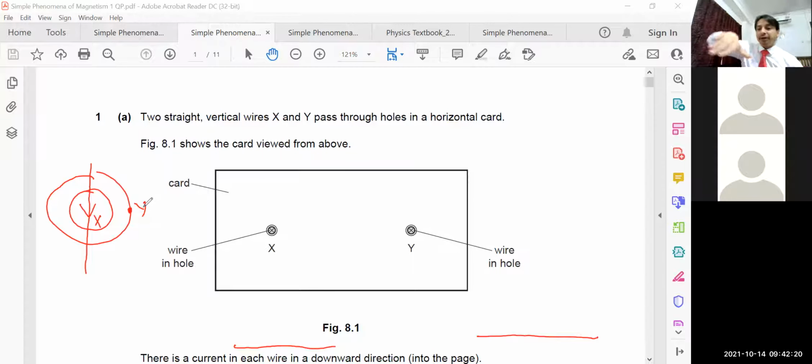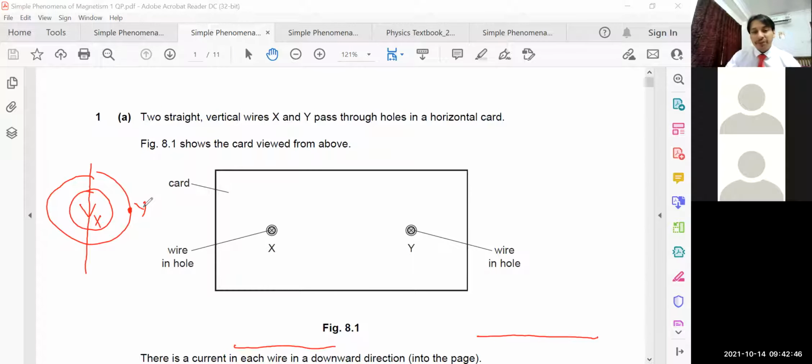And I can see here, the current is entering into the plane of the paper in the inward direction. Now let me show you the paper. This is a paper. This is your notebook. Current is entering. Point Y is to the right hand side. And I can see that the perpendicular at point Y is coming in this direction, towards me.